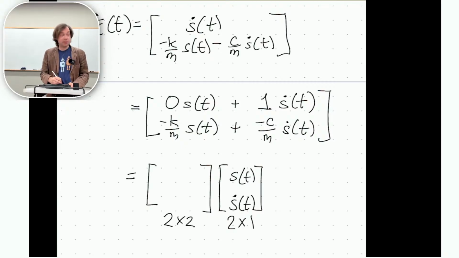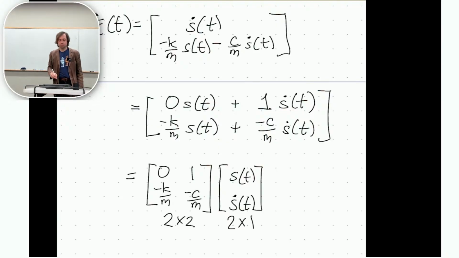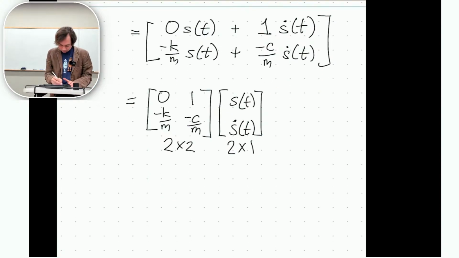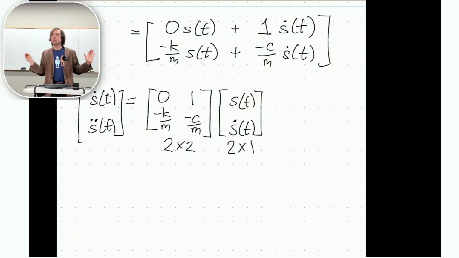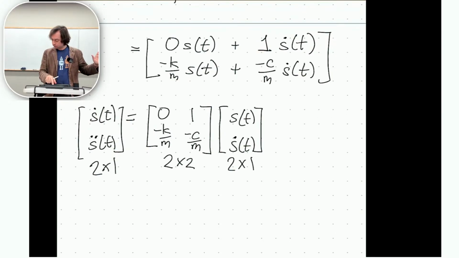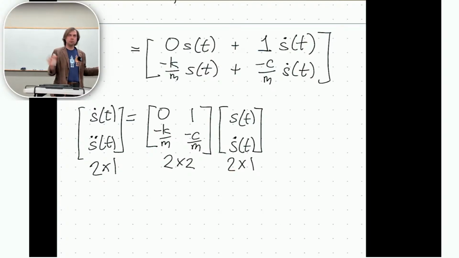And in this matrix, this 2 by 2 matrix, 2 rows, 2 columns, I'm going to put 0, 1, minus k over m, minus c over m. And recalling on the left side, it was just s dot of t and s double dot of t, right? It has a 2 by 1 vector right there. Making sense?